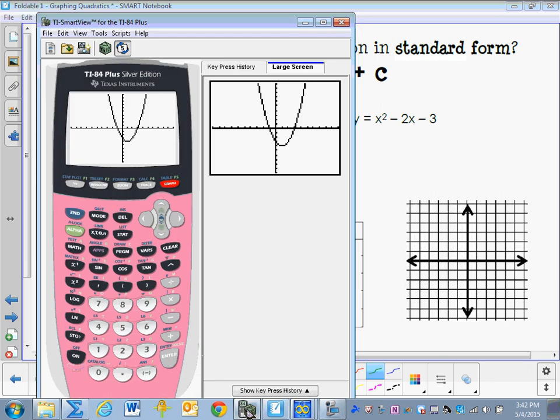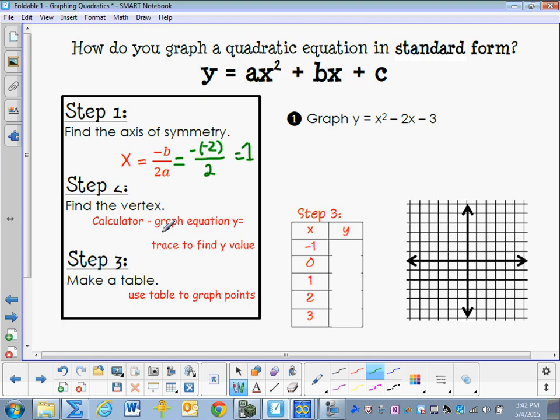So if I go back into my calculator and hit trace and type 1, enter, 1, negative 4 is my vertex. I could also have found that by plugging in 1 for x into the equation. So 1, negative 4 is my vertex.